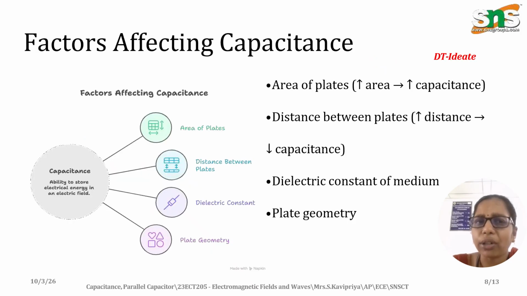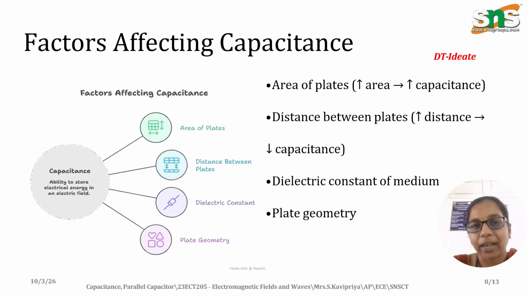And next, what are the factors that affect this capacitance? The first one is the area of the plates, the second one is the distance between the plates, the third one is the dielectric constant, and the fourth one is the plate geometry. C is equal to epsilon into A divided by D, where epsilon is the permittivity or dielectric constant, D is the distance and A is the area.